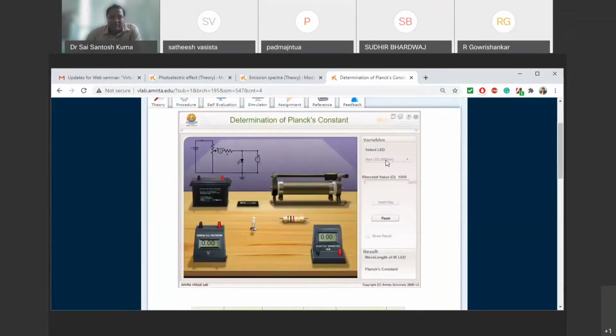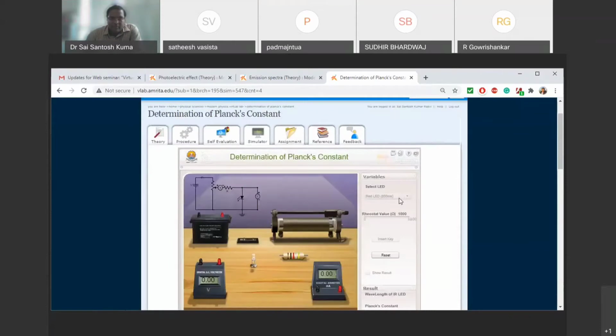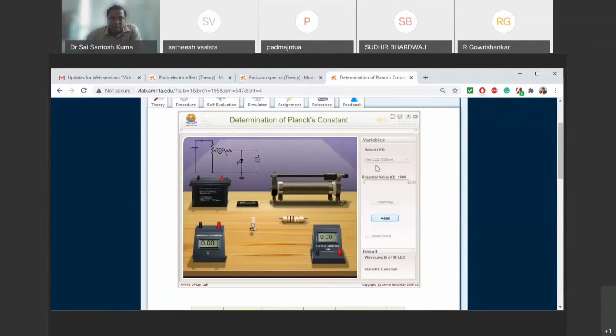So what I do is I select a color. First thing, I need to select a color. I'll do it a little later, but let me do the connections as I showed you earlier. I can connect it this way. Just keep in mind, I'm doing the same thing, whatever is there.